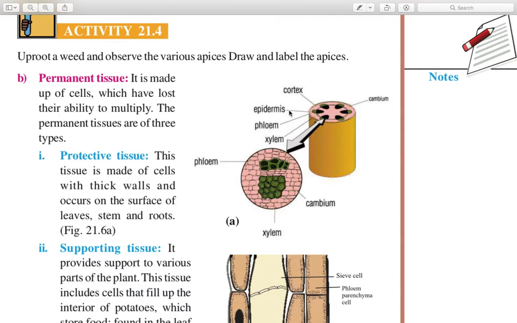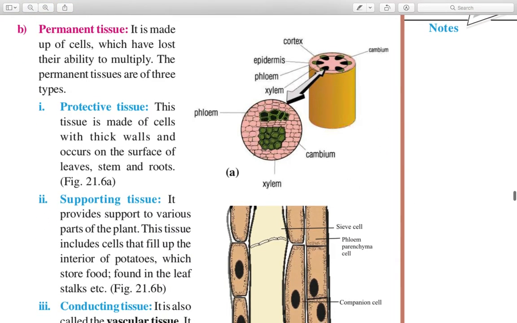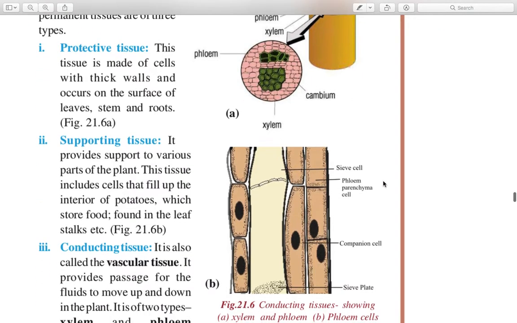And epidermis is the outer covering. Epidermis is like a skin to the plant. Then phloem and xylem. We'll see about phloem and xylem in the following explanations. So this is the phloem and this is xylem. We'll explain about this in the upcoming subtopics.